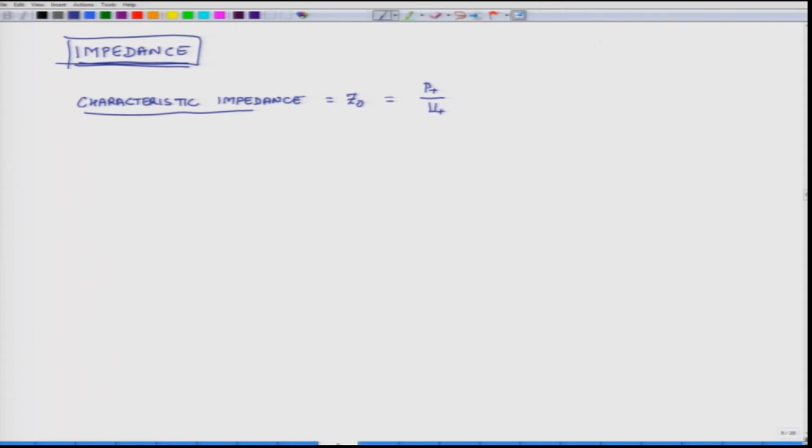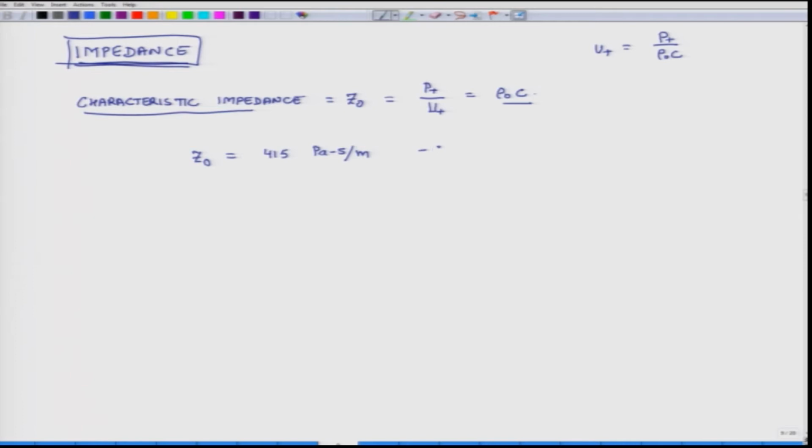Now, we know that U plus is what? P plus by rho naught C. This is something we had developed last time. So, Z naught is equal to rho naught C. That is characteristic impedance, and the value of Z naught for air at 20 degrees centigrade is 415 Pascal second per meter.